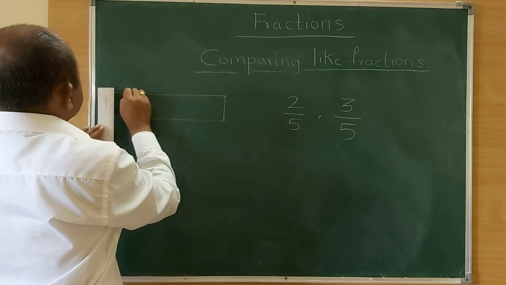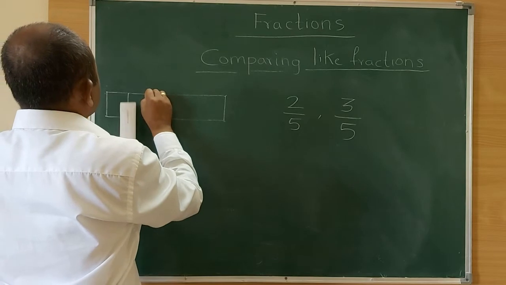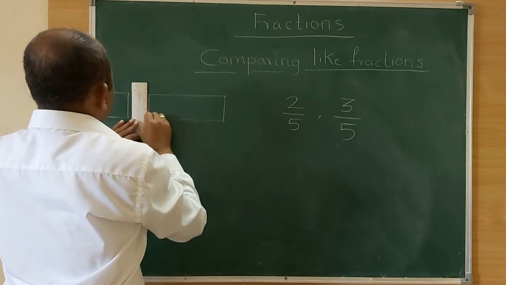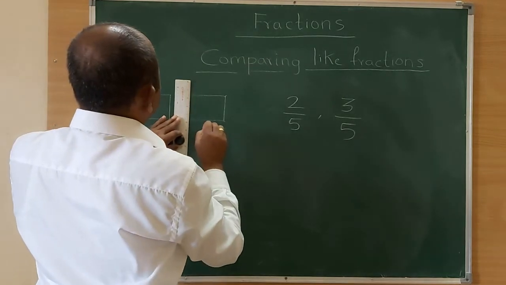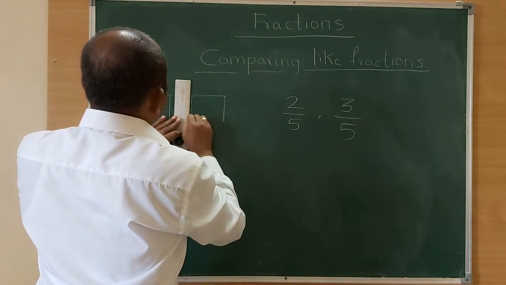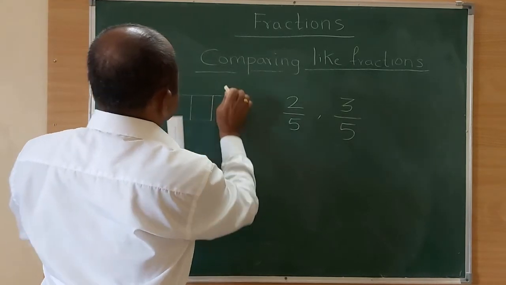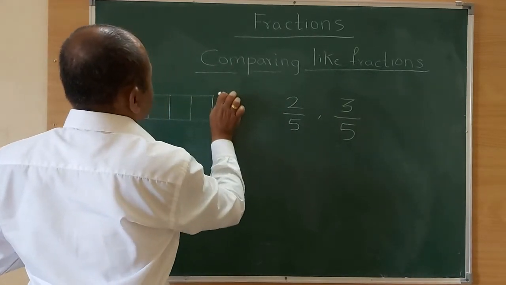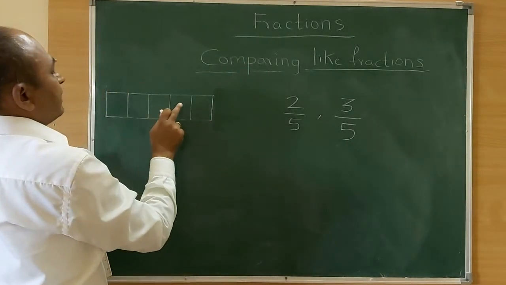That strip is divided into 5 equal parts. One part, second, third, fourth, and the fifth. 1, 2, 3, 4, 5.